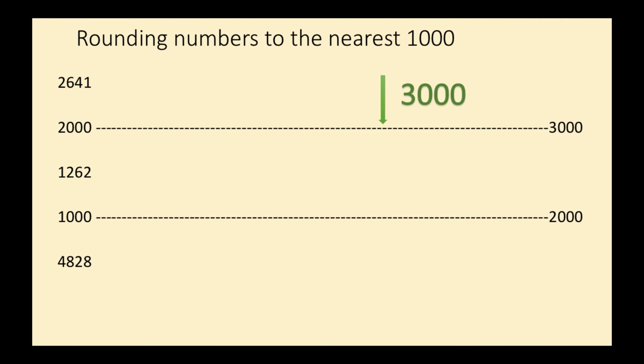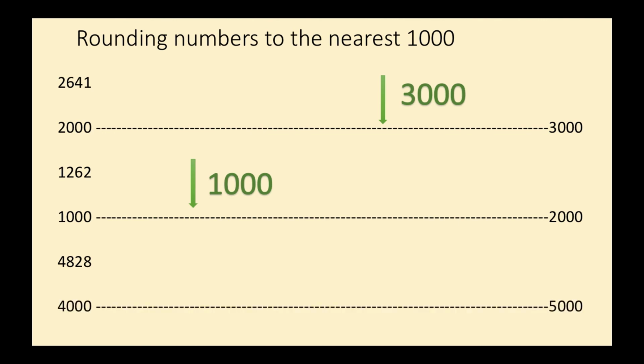If it's 262, it's going to be quite low, closer to 1,000, so we round it down to 1,000. And rounding 4,828 to the nearest thousand is between 4,000 and 5,000. And we know that 4,800 is closer to 5,000 than it is to 4,000. So we have to round it up to 5,000.